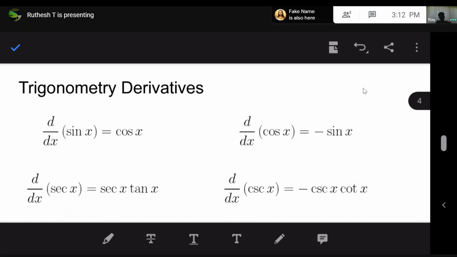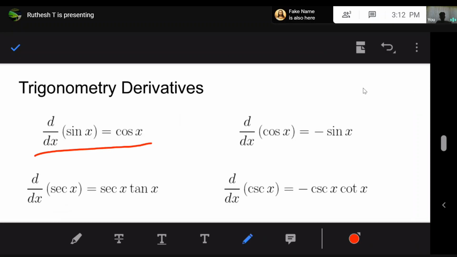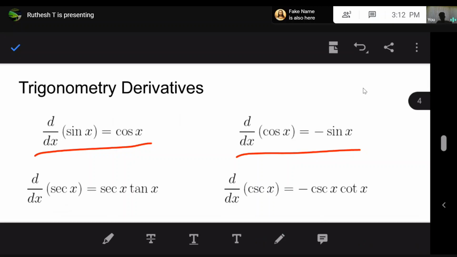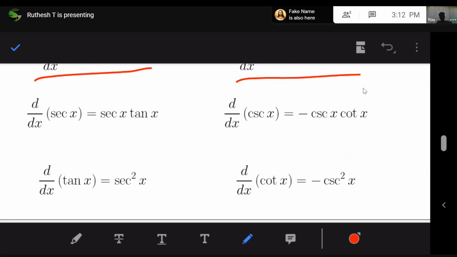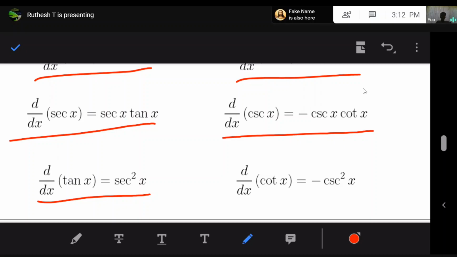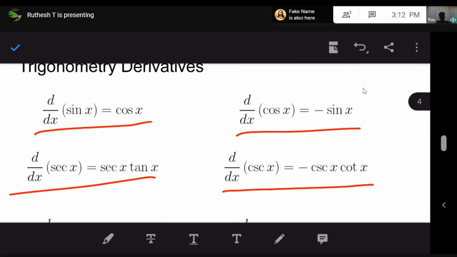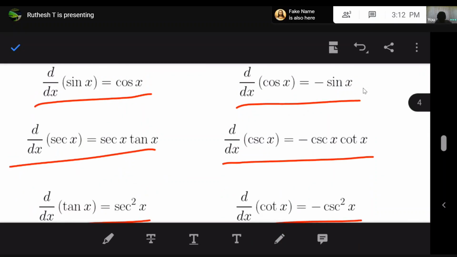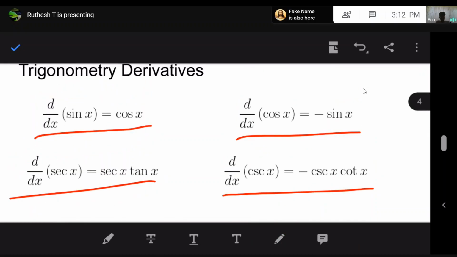So first, the derivative of sine x is cosine x, the derivative of cosine x is negative sine x, the derivative of secant x is secant x times tangent x, and the derivative of cosecant x is negative cosecant x times cotangent x. The derivative of tangent x is secant squared x, and the derivative of cotangent x is negative cosecant squared x. So you start to notice a pattern here. So sine and cosine.